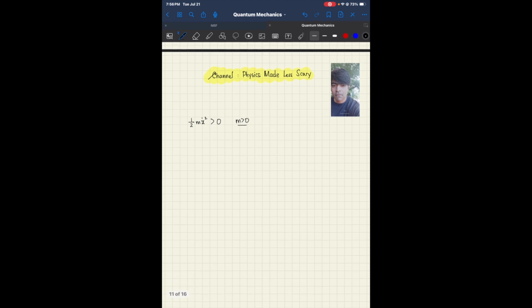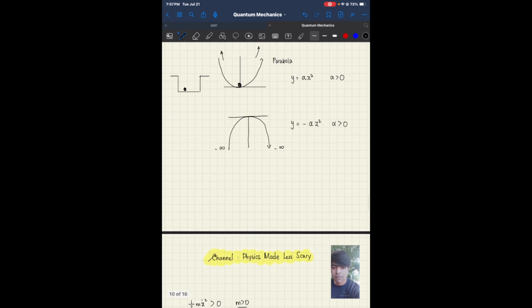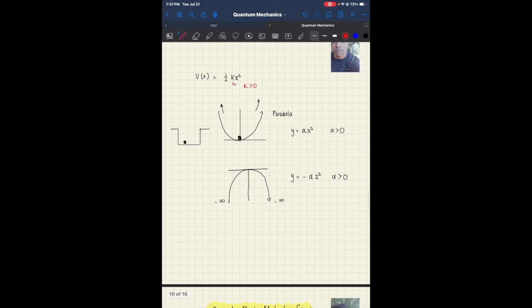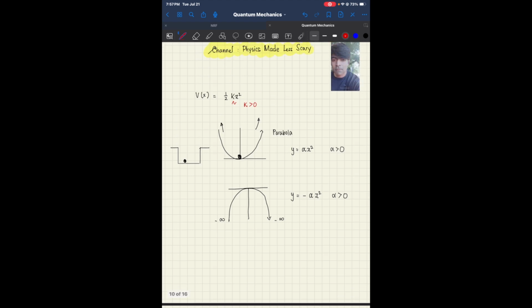So your potential is also positive definite, as you see from here, because of course your spring constant k is a positive quantity, right? So the potential is of this kind, which means it's a positive definite quantity.